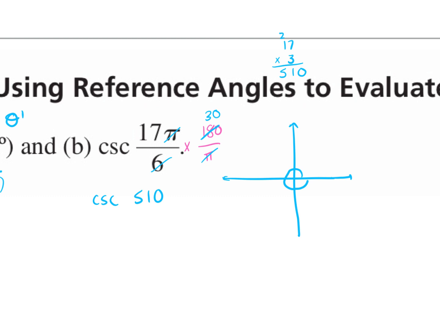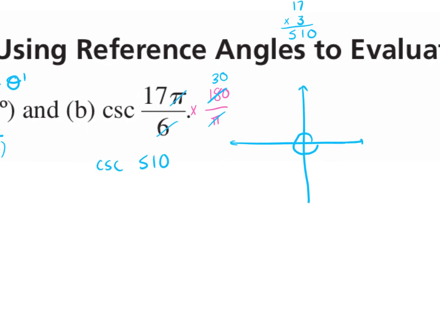So to find our reference angle, we want to subtract 360 to find a coterminal angle that's still on our circle. So we can kind of see which quadrant we're in. We go around 360, we need to figure out how much more we have to go around after that. So let's subtract 360. So when we subtract, we get 150. So we're looking for the cosecant of 150.